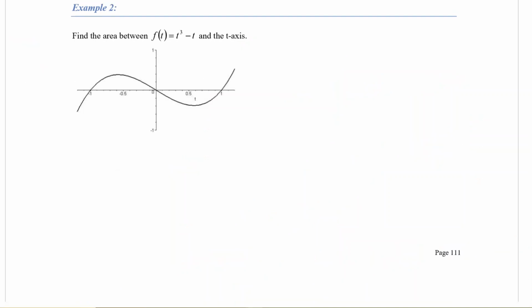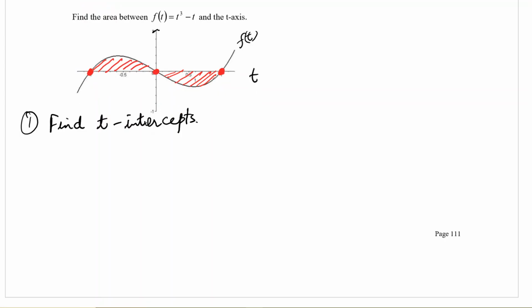All right, in the next example, we need to find the area between the function and the t-axis. This is our t-axis, and of course, this is our f(t). When you want to figure out this area plus this area, the first step is to find the t-intercepts, the points where this function cuts the t-axis. It means we need to figure out the value of t when f(t) becomes 0.